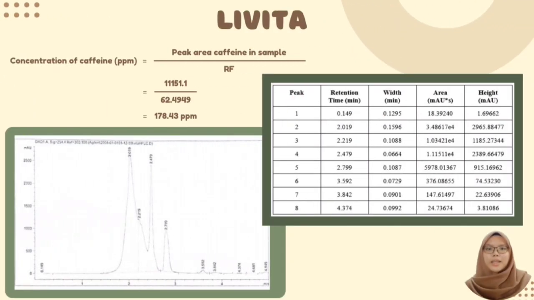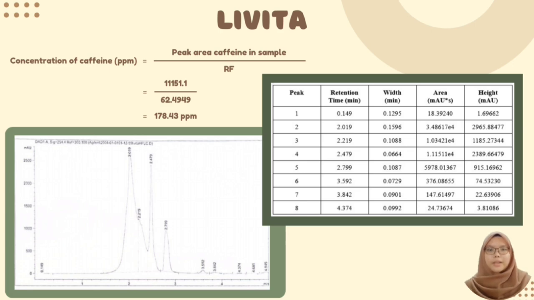Now, the same with Levita drink. To calculate the concentration of caffeine in Levita drink, we will divide the peak area of caffeine in Levita drink by the RF we got from earlier. Just like Coke, the caffeine peak in the chromatogram of Levita is the fourth peak, which is the sharpest peak.